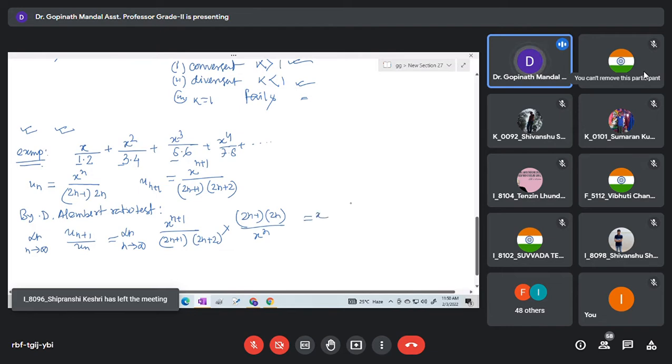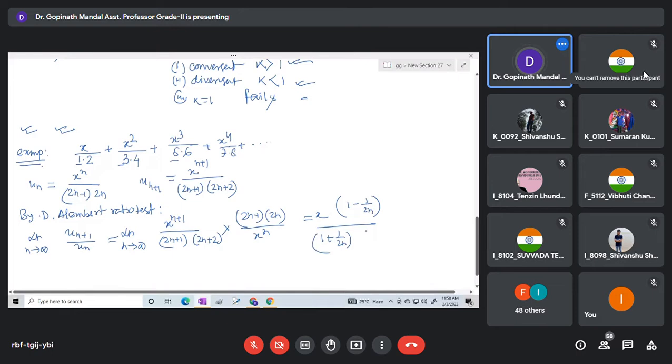So x into 1 minus 1 by 2n divided by 2n, 1 plus 1 by 2n, 1 plus 2 by 2n, limit n tending to infinity. So actual limit is what? x into 1 minus 0, 1 plus 0 and 1 plus 0, so this limit is x.